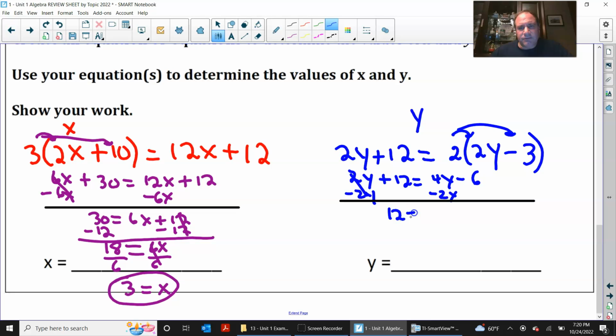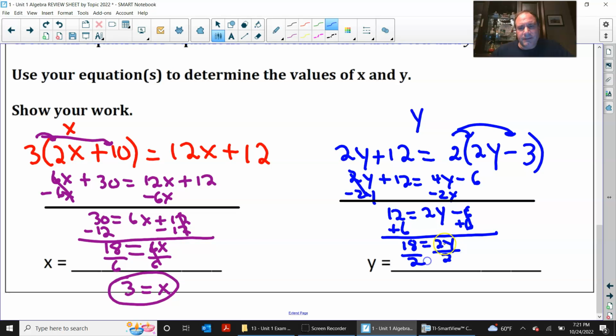You have 12 equals 2y minus 6. You add 6 on both sides. They cancel. You have 18 equals 2y. You divide by 2 on both sides, and you get y equals 9. And that's how you do that one.